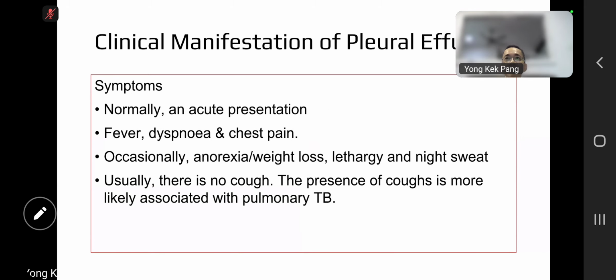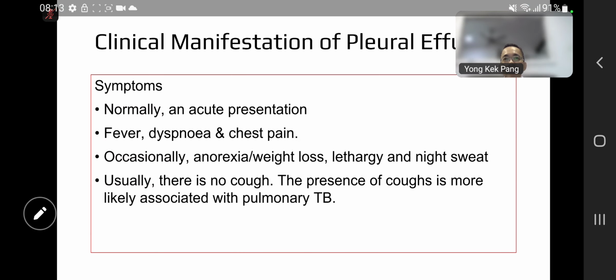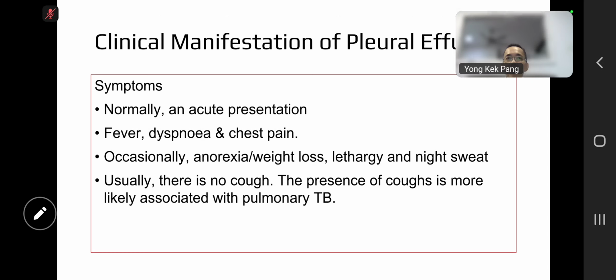So what are the symptoms of patients presenting with pleural effusion secondary to TB? Normally, they present acutely, right? So this patient will come to us with the complaints of fever, dyspnea, and some of them also have chest pain. Occasionally, they also have anorexia, weight loss, lethargy, and night sweat.